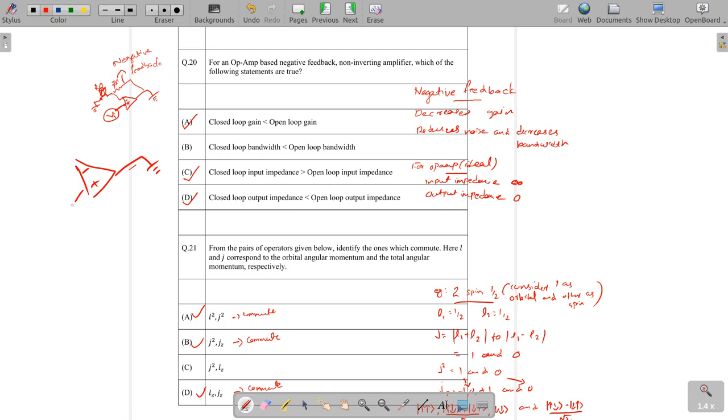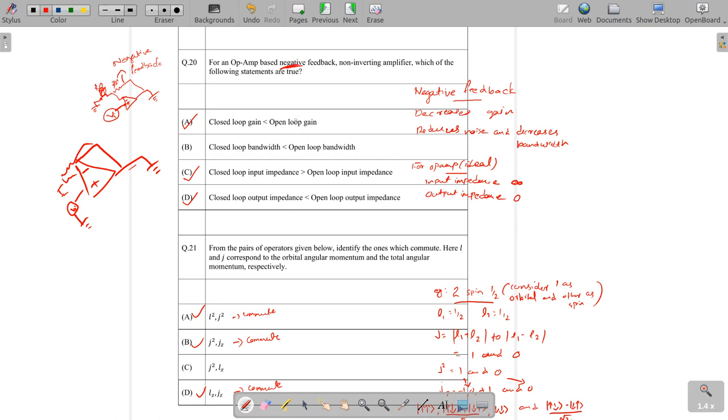It's non-inverting, so you are giving input to the non-inverting input. It also has a negative feedback like this. From the output, it takes some feedback into the amplifier itself, which is fed back to the negative input because it's negative feedback.